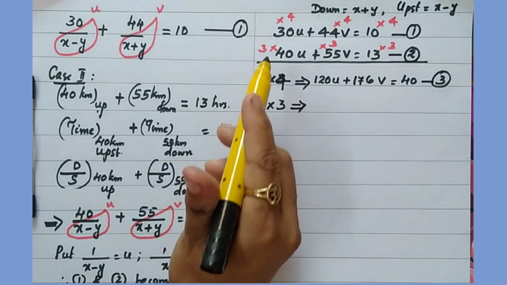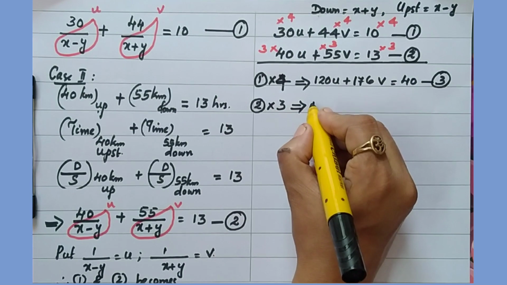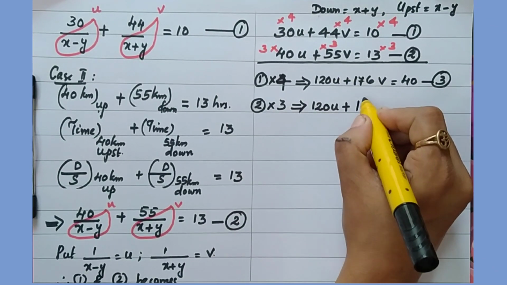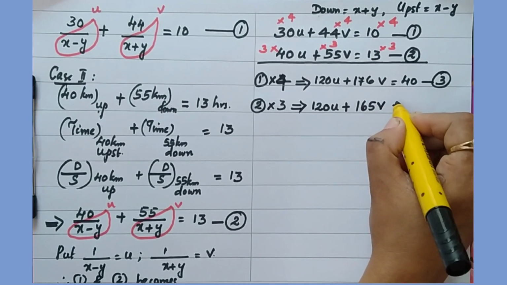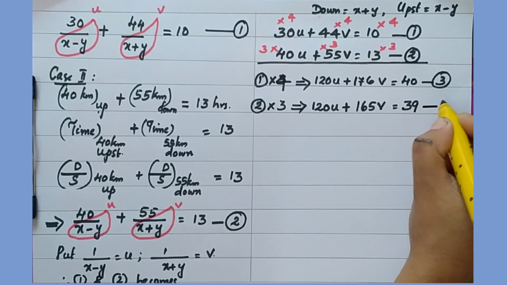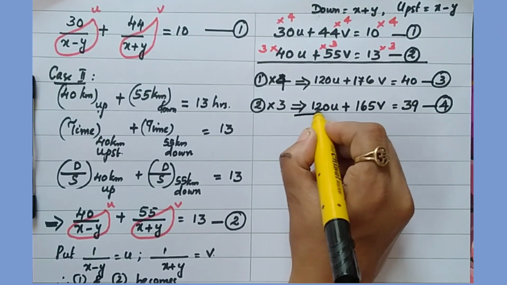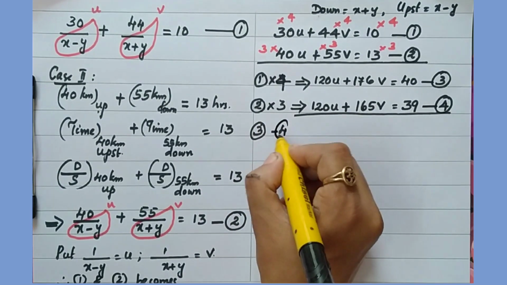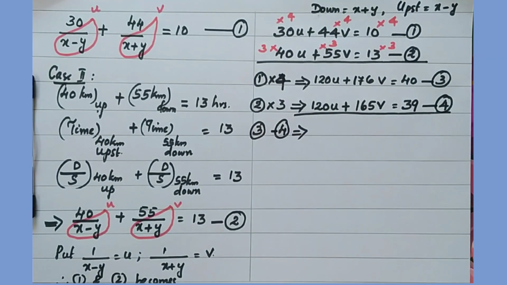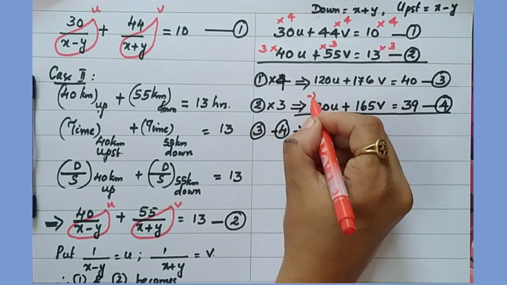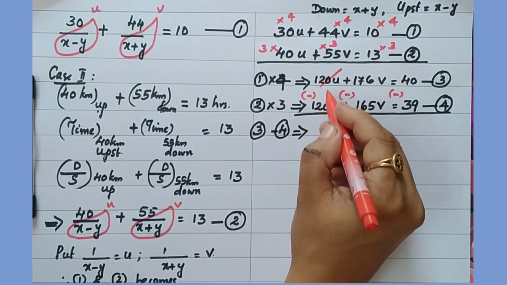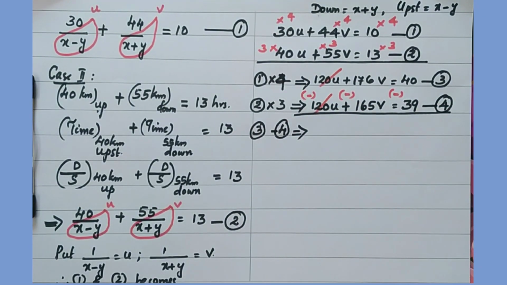So 3 into 40 is again 120u plus 55 into 3 is 165v equals 39, equation number 4. Now I am going to solve 3 and 4. Equation 3 minus equation 4 gives: subtract means you need to change the sign. Plus becomes minus, minus, minus. So plus 120 minus 120 get cancelled.